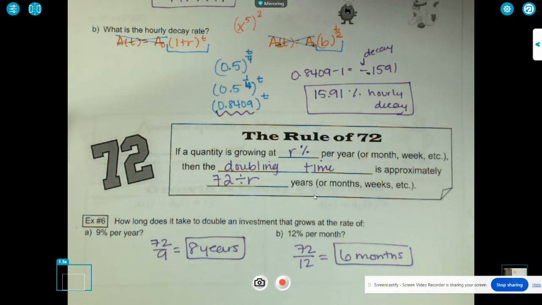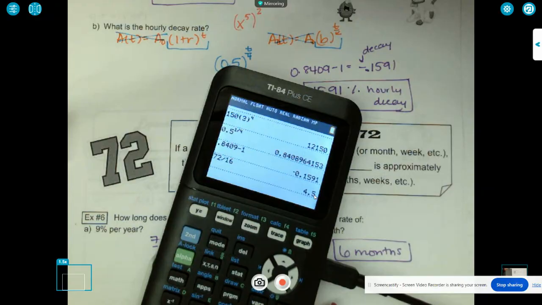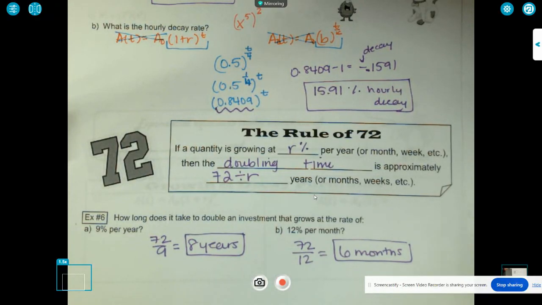It was growing, doubling by 16%, right? And what was our answer on example 2, the amount to double? Our answer was 4.6, right? If I did 72 divided by 16, which is our rate, what do I get? 4.5, pretty close. So it's just a general idea rule. All right, everybody good on your notes?